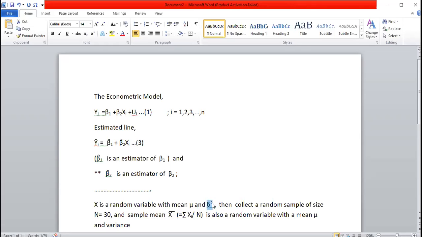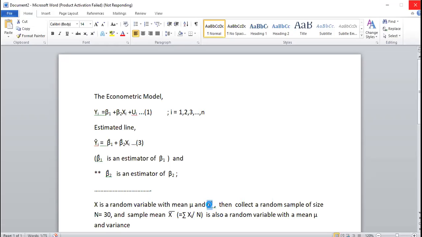Anybody else? Any statistician in this class? We have talked about this several times, and in my script I gave it to you. X bar is also a random variable with mean mu and variance, what? Sigma square is a close answer.